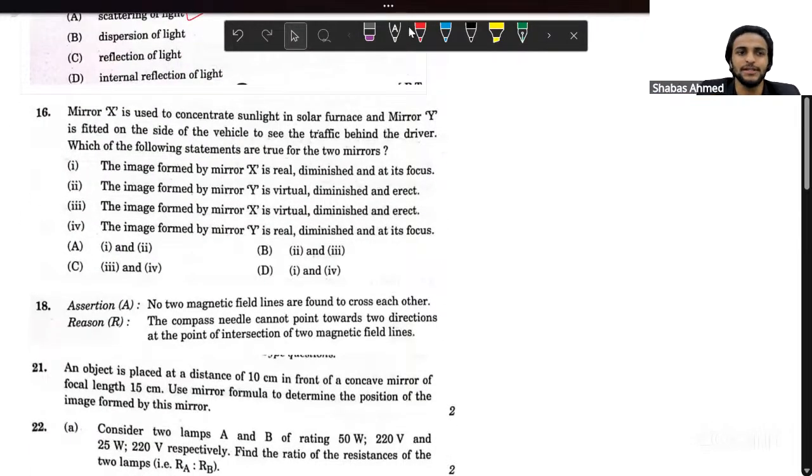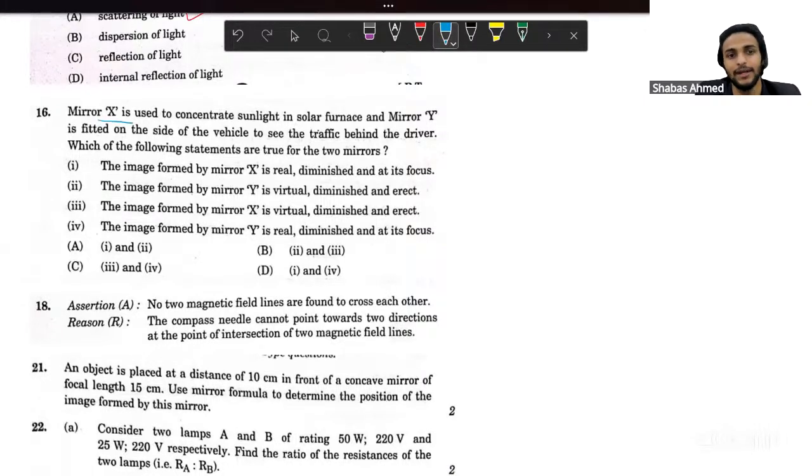Then next question, mirror X is used to concentrate sunlight in a solar furnace. In a solar furnace, we are using a concave mirror.